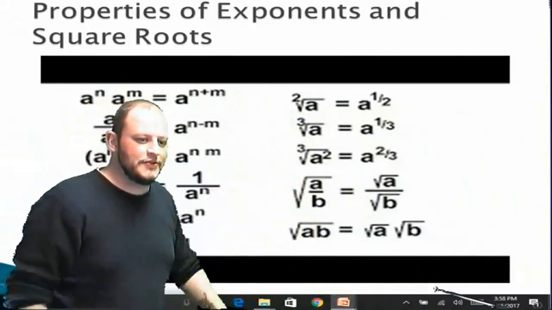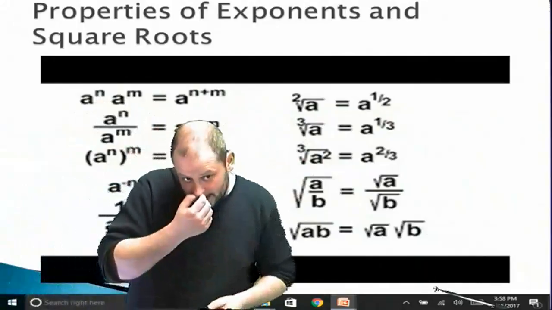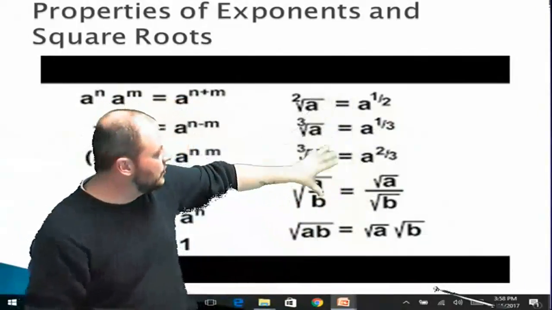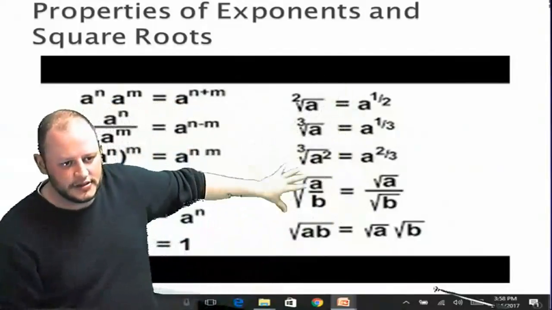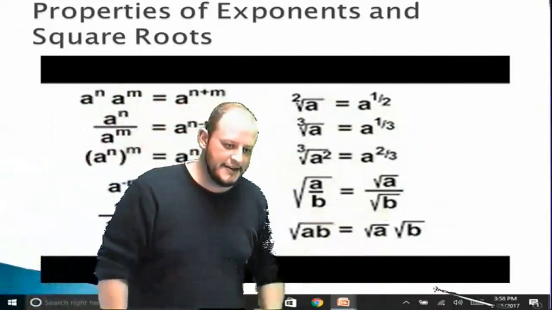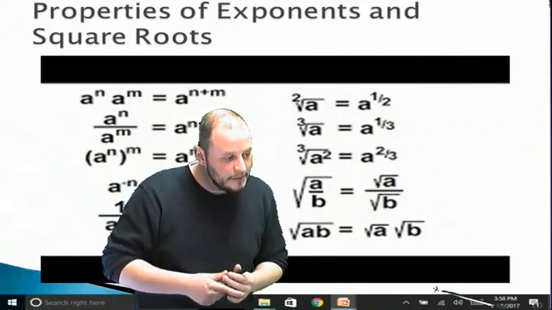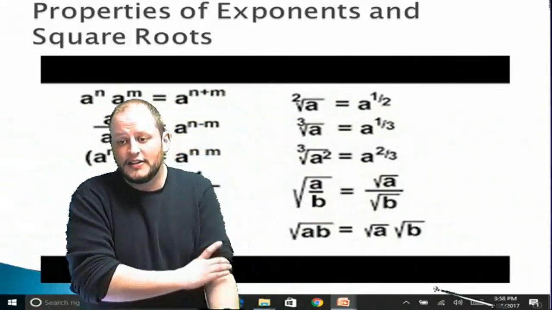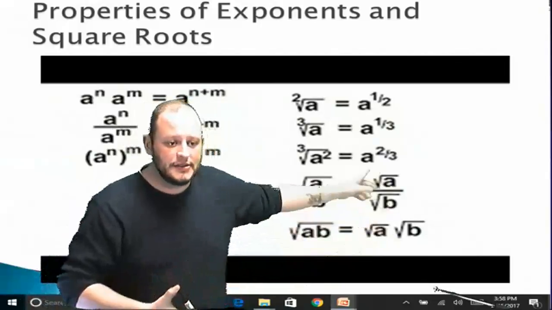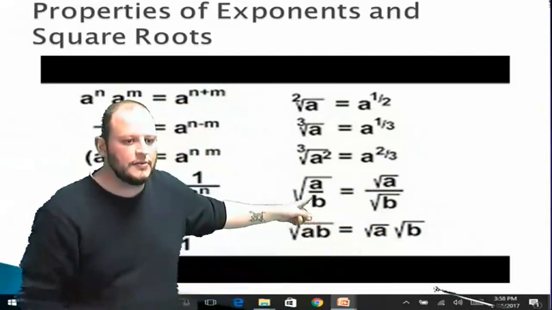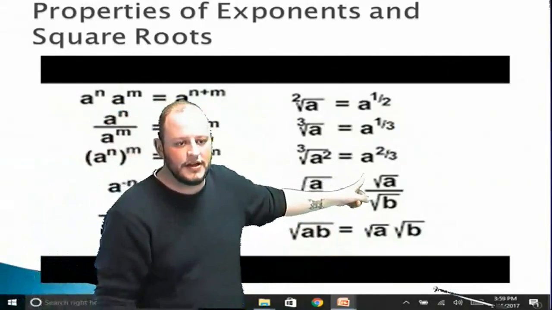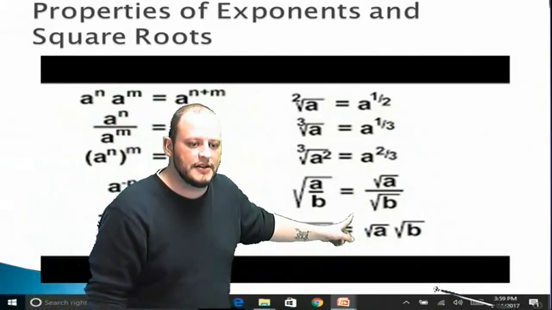Properties of square roots. Notice on this side, there is no adding or subtraction symbols at all. You cannot break up a square root over the addition or subtraction symbols, but as you can see on this one here, the square root of some fraction is the square root of the numerator divided by the square root of the denominator.